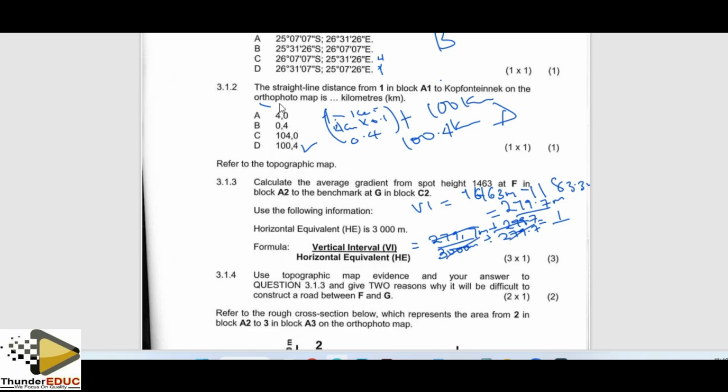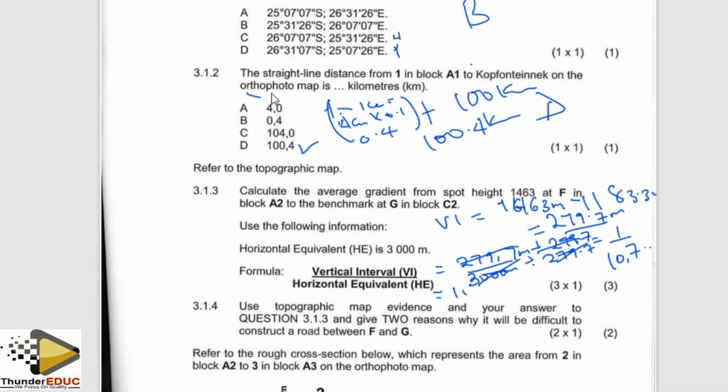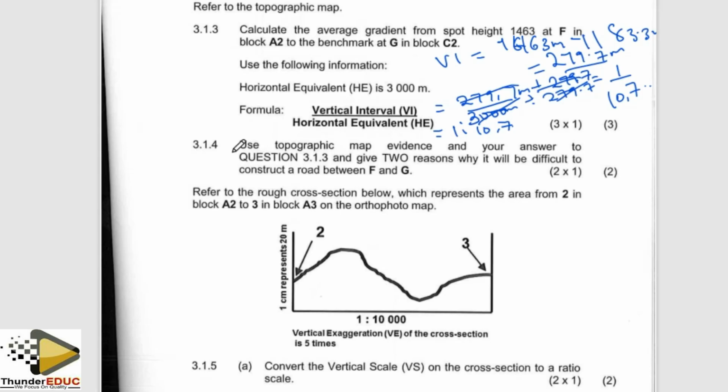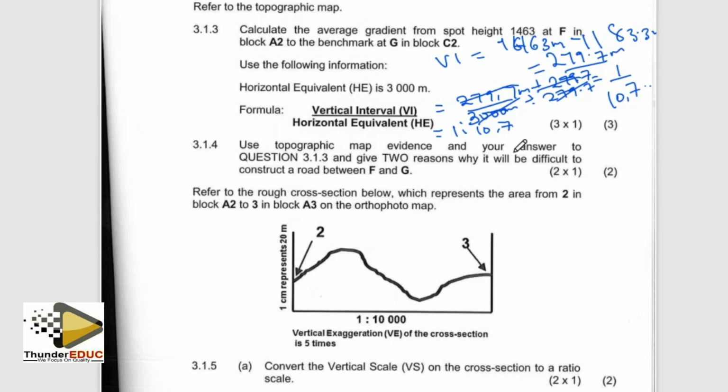When you put it on your calculator, it will go 10.7 times. So the average gradient is therefore 1 to 10.7. Okay, 1 to 10.7.